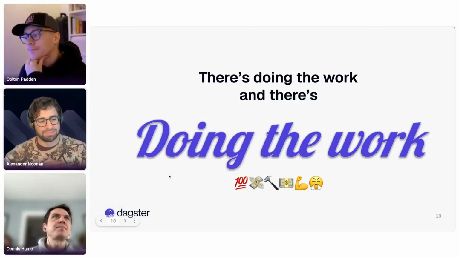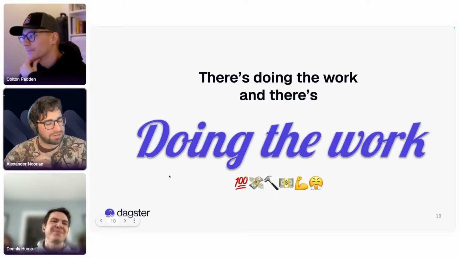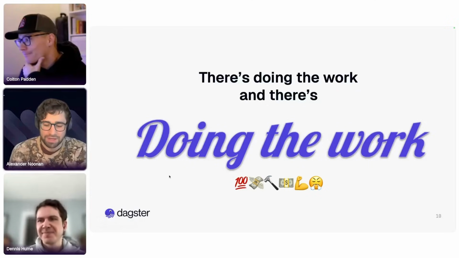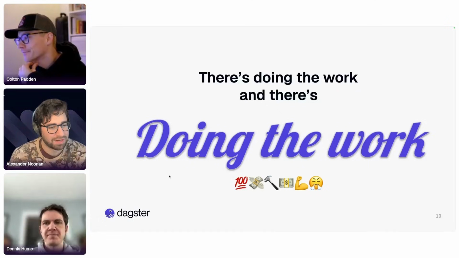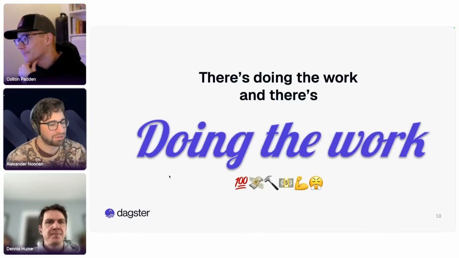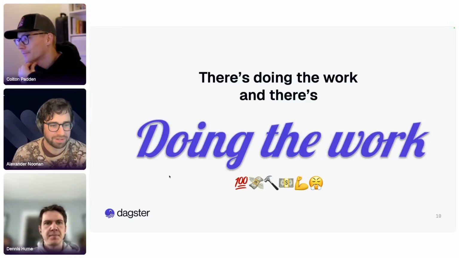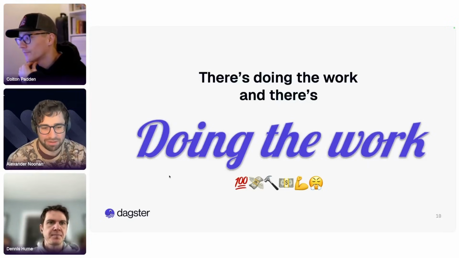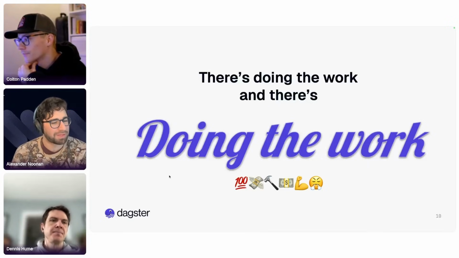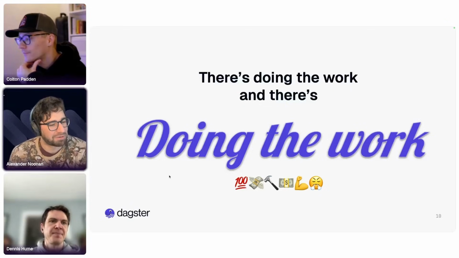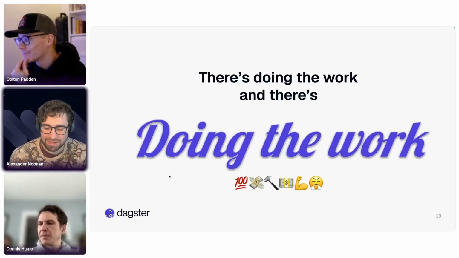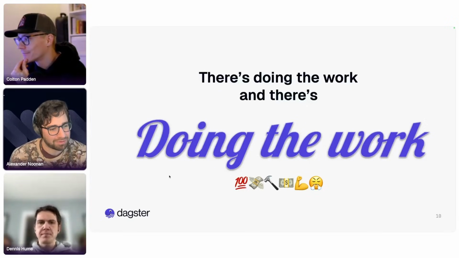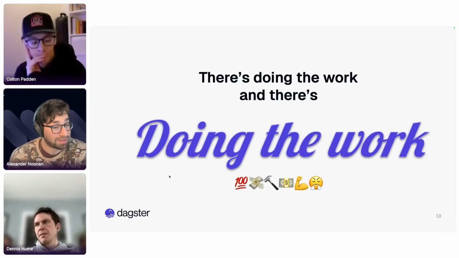Yeah, and there's doing the work and there's doing the work. A lot of things you see on Twitter these days are around the AI hype and how you can do all this crazy stuff and ship an immense amount of code. And these people that post these things never actually share what they ship, which I think is interesting. You've got to remember that as engineers we're here to solve problems and not just write a bunch of slop code.